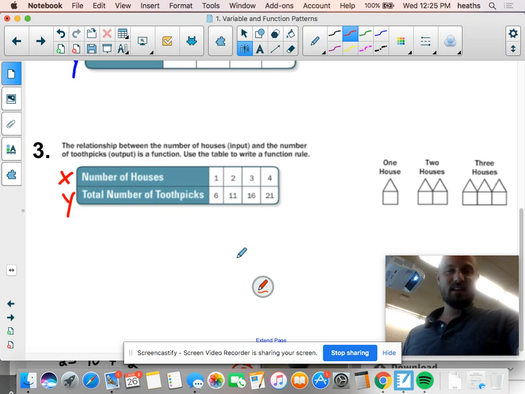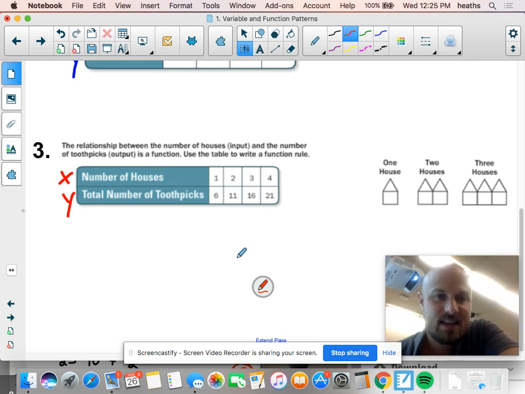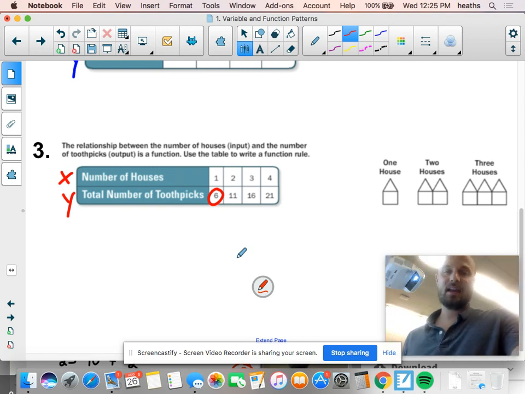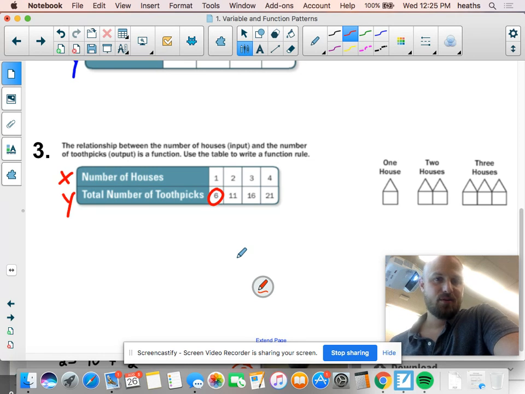Going from 16 to 21 is also 5. Okay, but here's the thing that's a little bit goofy, is that it doesn't start off at 5 from the beginning. It starts off at 6. Okay, so that's going to make an additional step for our function that we're going to write.